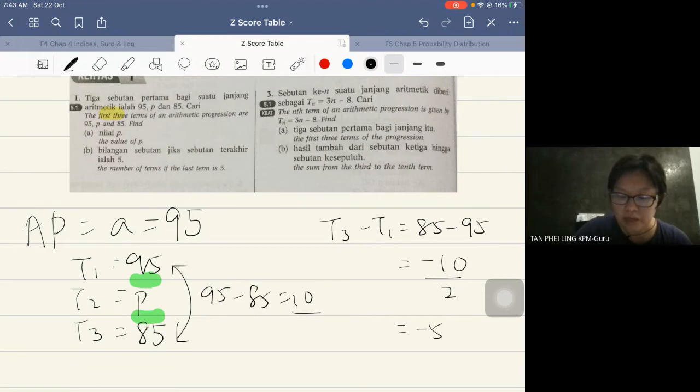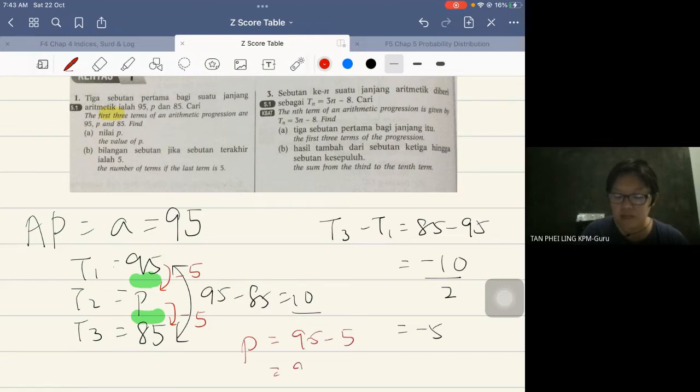From here to here you minus 5, and from P to here you minus another 5. It makes sense: 95 becomes 90, then becomes 85. So P is equal to 95 minus 5, which gives you 90.